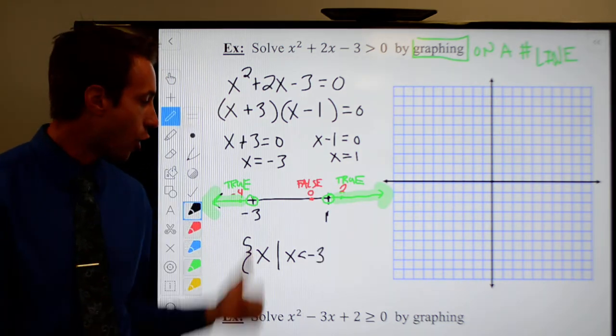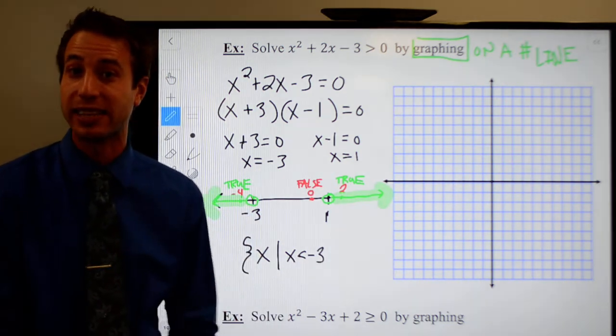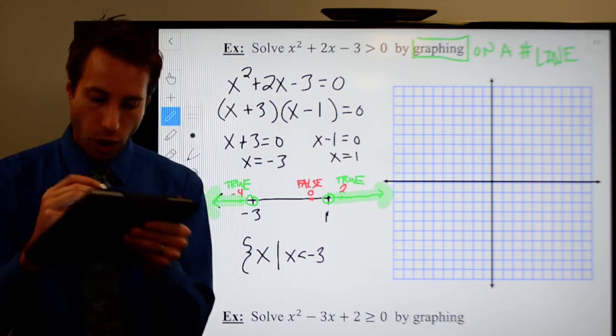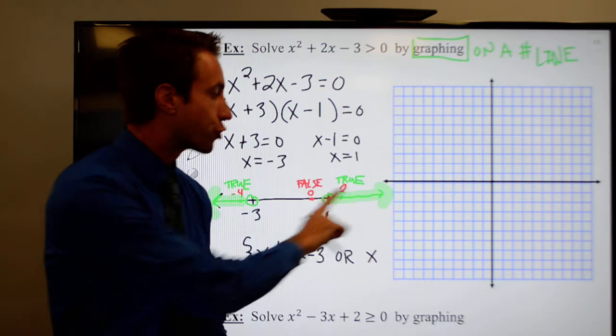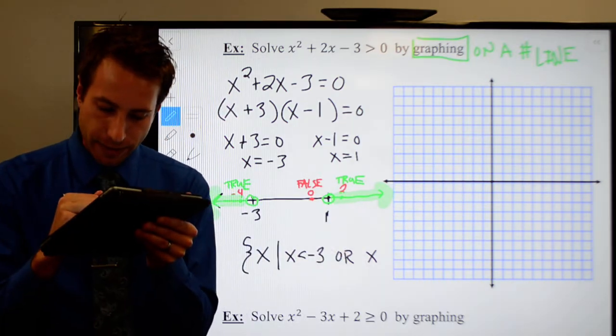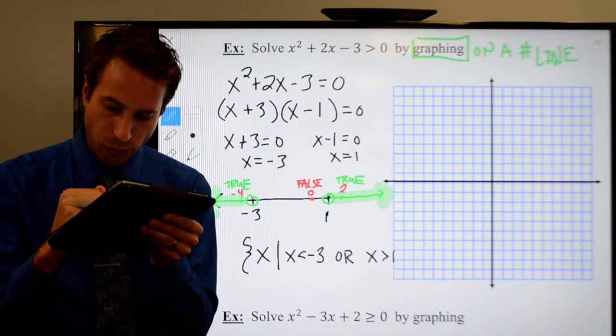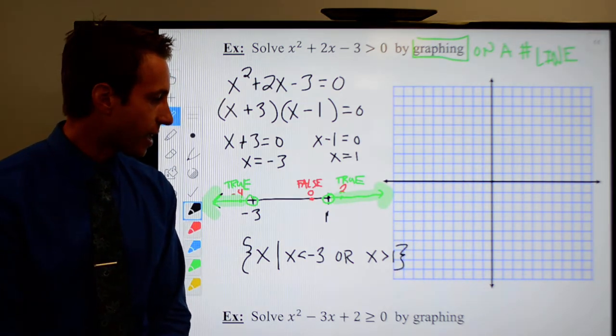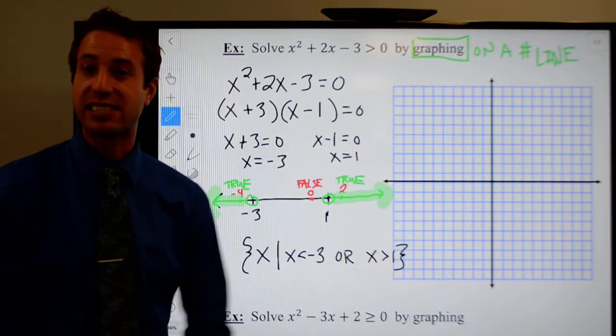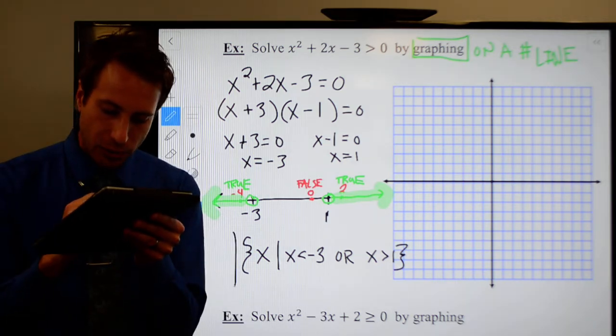That's why I have an open circle, because it's strictly less than. Or x is strictly greater than +1. And then close that whole thing off with another bracket. This is the answer that I'm looking for.